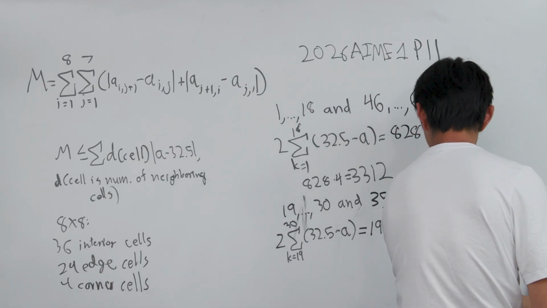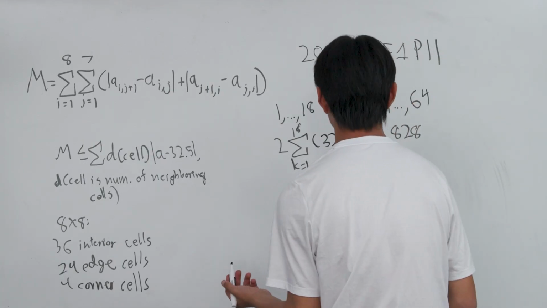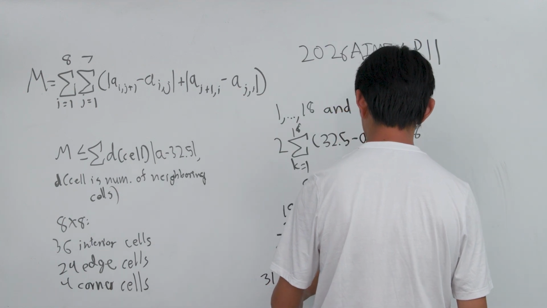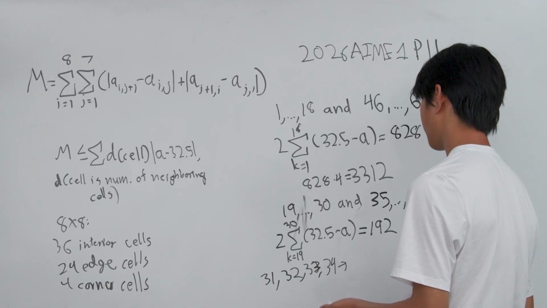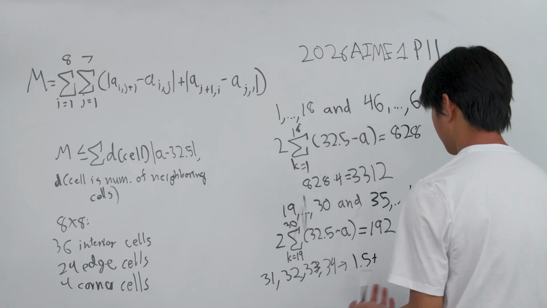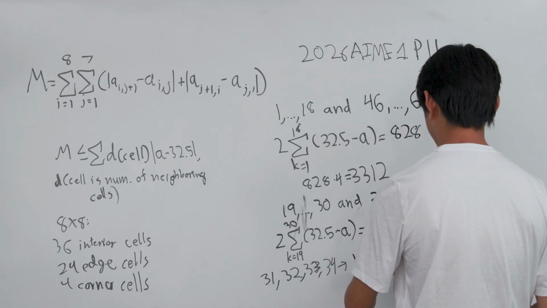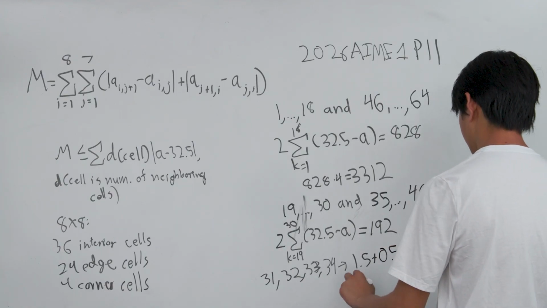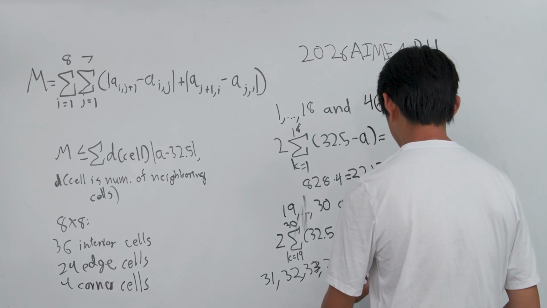And then we finally just have these 4 corner cells, which are going to be the numbers left over. So we have 31, 32, 33, and 34. Now the distances from 32.5 are respectively 1.5, 0.5, 0.5, and 1.5, and we'll just sum them to make this process quicker.